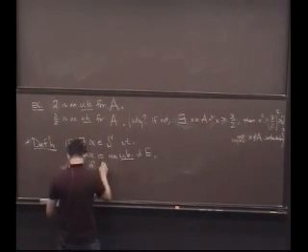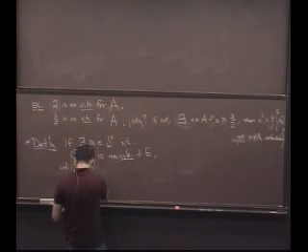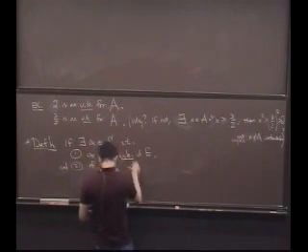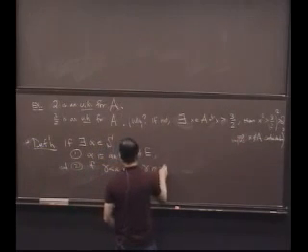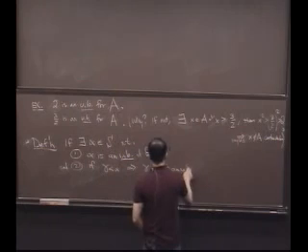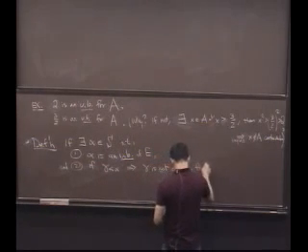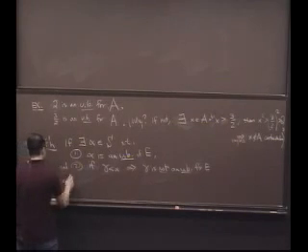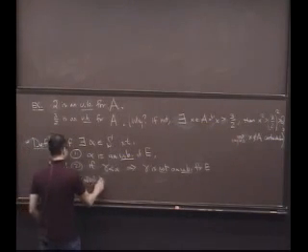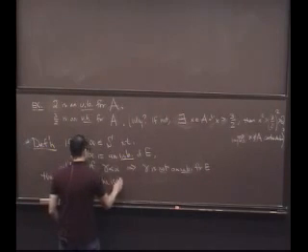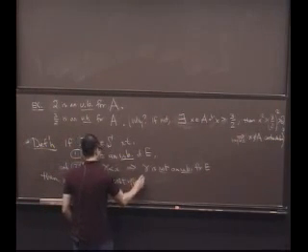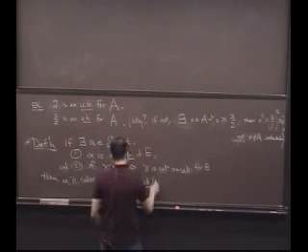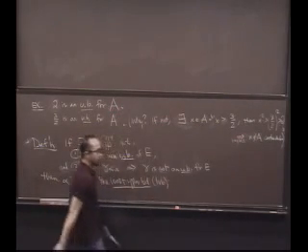And if gamma less than alpha implies gamma is not an upper bound for E, then alpha is called the least upper bound. And we often abbreviate this by LUB.